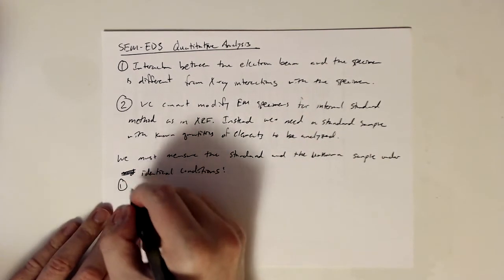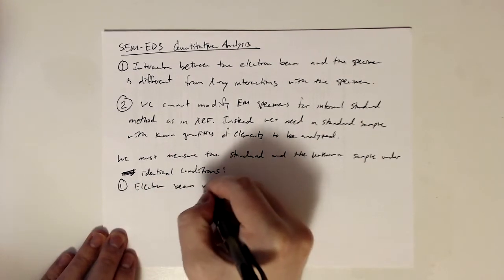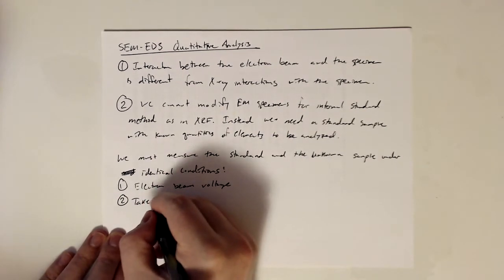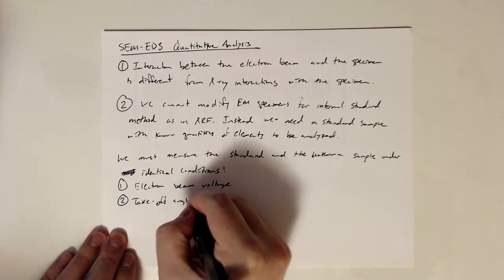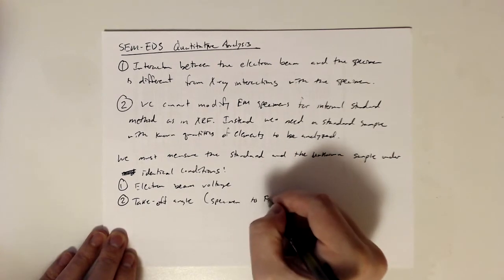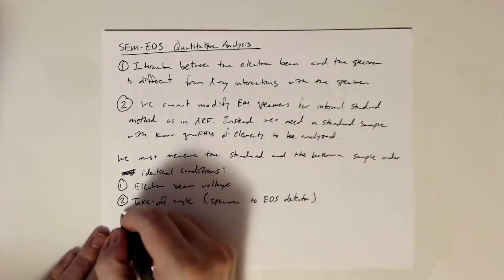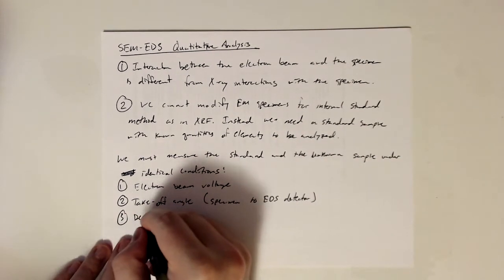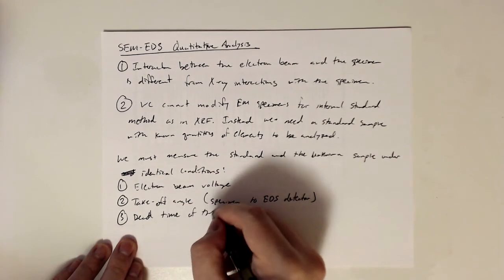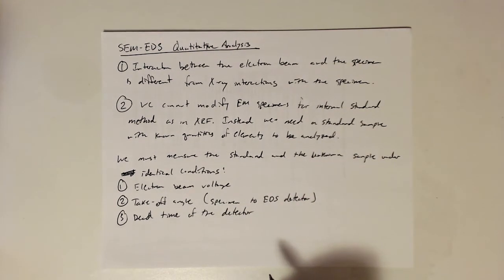That means the electron beam voltage, the takeoff angle, and again that is the specimen to EDS detector angle, and then the dead time of the detector. So all of these instrument conditions have to be the same.